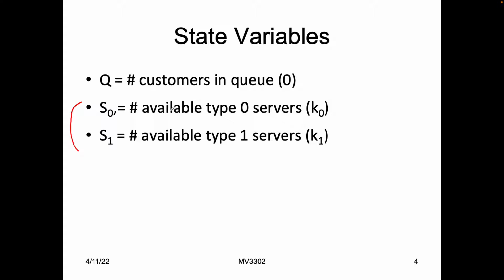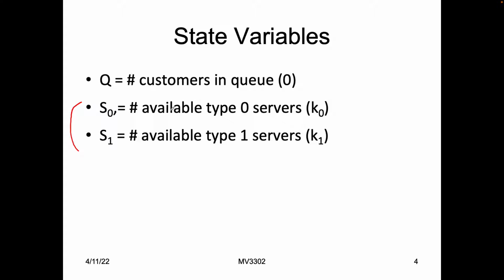And since the parts are all the same, we've already taken into account all of the possible state changes for the state variable number in the queue. We've now taken into account all the state transitions for the number of available servers of type 0.